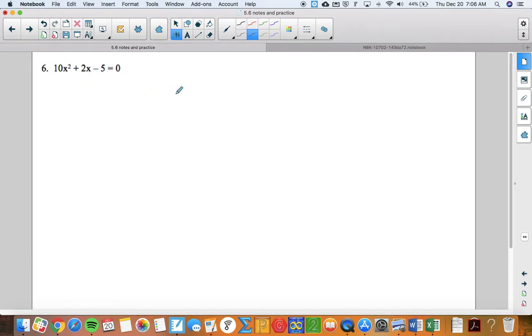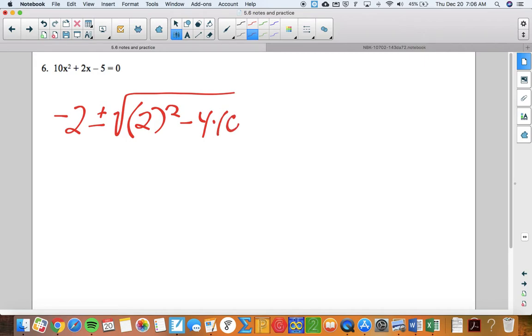Number 6, opposite of b. Notice it's already set equal to 0. So let's do the opposite of b, plus or minus the square root of b squared minus 4 times a times c, all over 2 times a. Which is 2 times 10. It's going to be a big denominator.